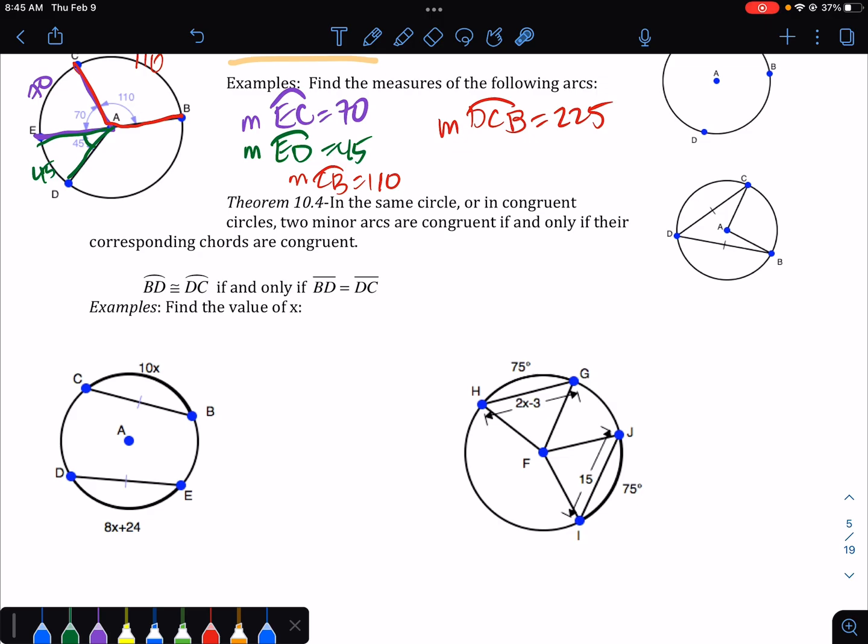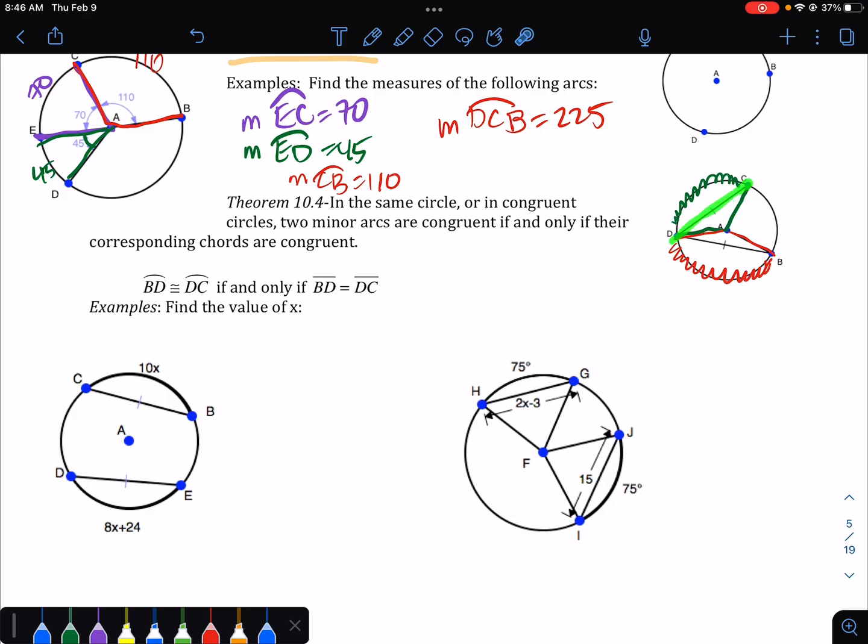So if we were to look at this arc, I don't have a great picture of that. Here we go. If I do this arc here and this arc here, then because we've got endpoints here, the segment is a chord, that was our word that we learned the other day.